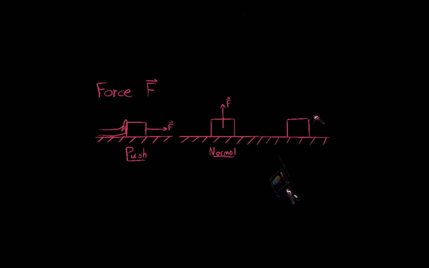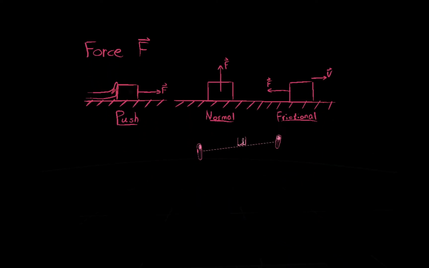Frictional force, so if this box were moving this way, actually, oops, it doesn't even have to be moving, there's static forces, but anyhow, frictional force acts in the opposite direction from the motion, so this would be frictional. And then 2 more.